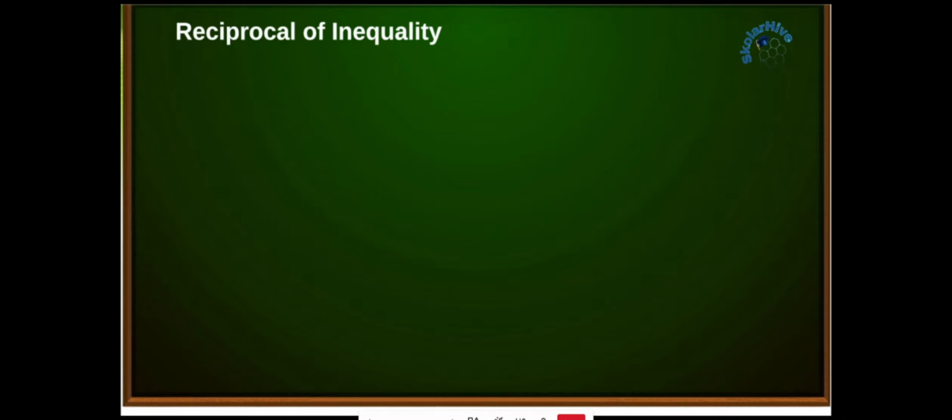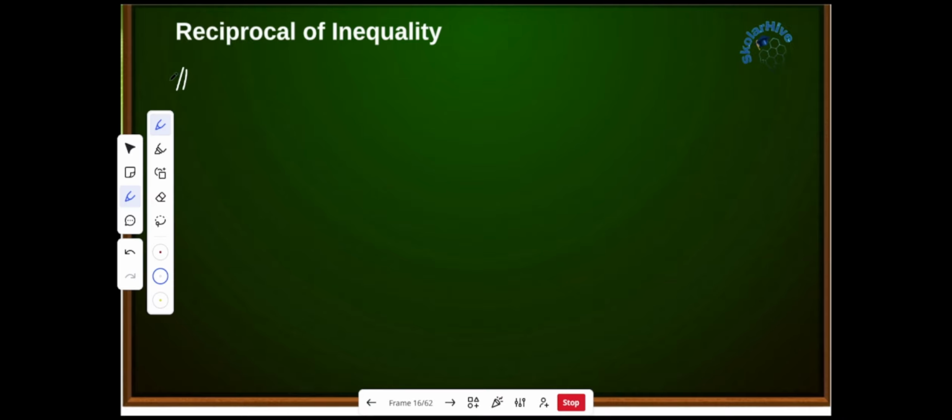So here let's say we have given an inequality a less than b. If we take the reciprocal of a and the reciprocal of b, then whether the inequality sign changes or not, that we need to look into.